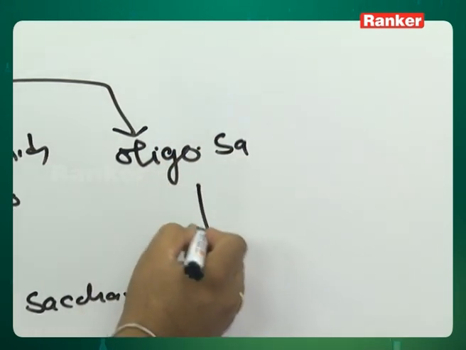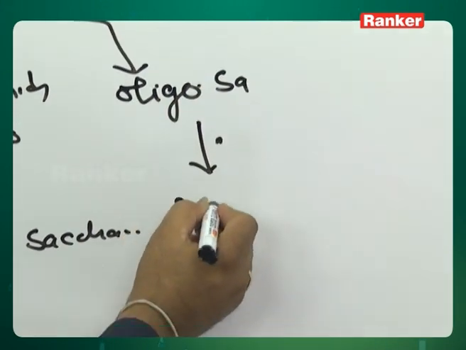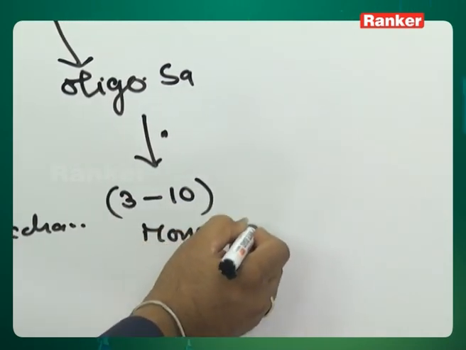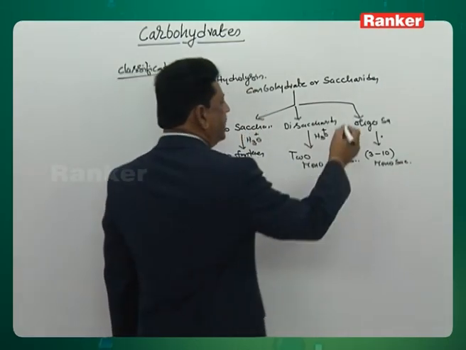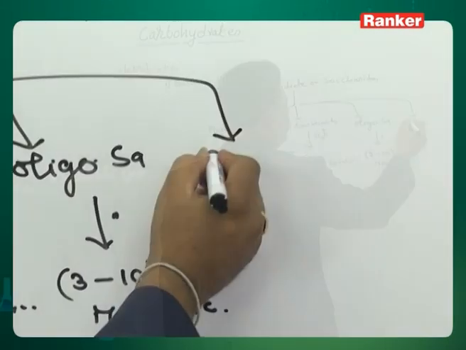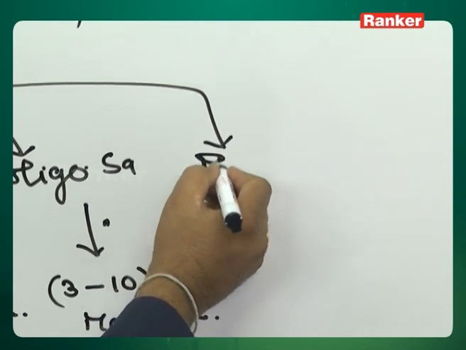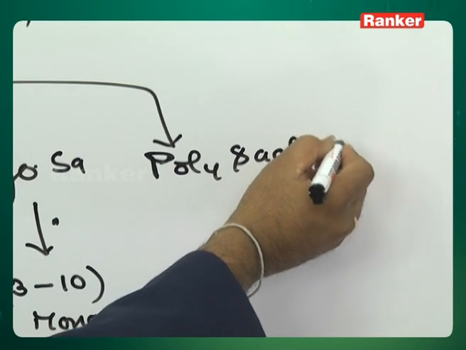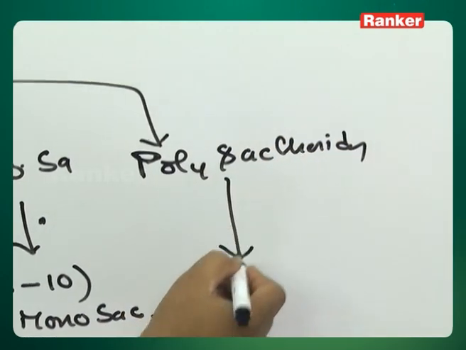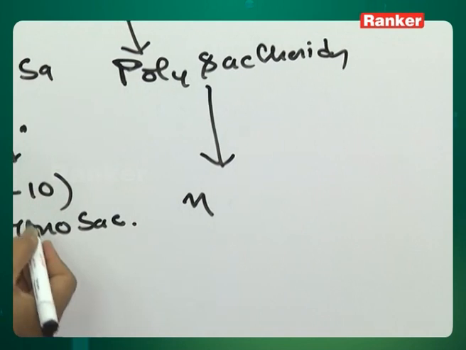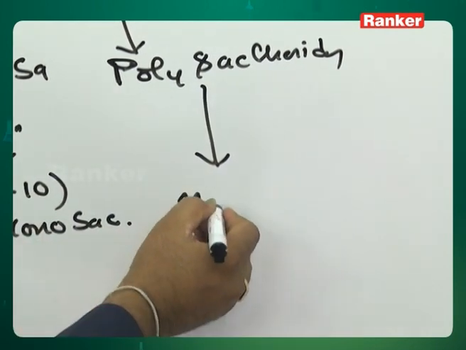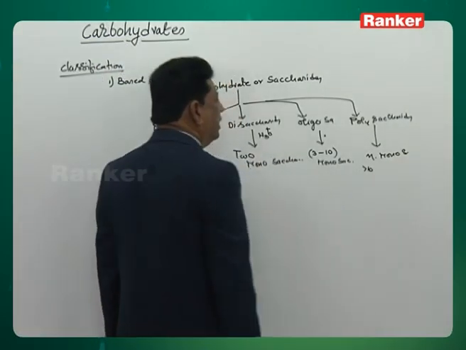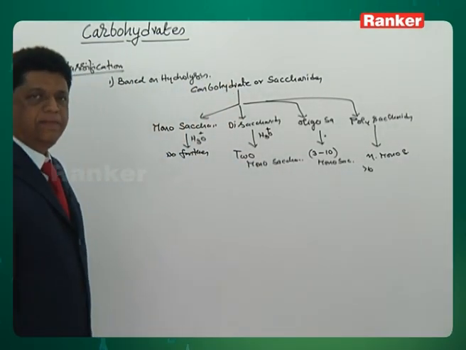Oligosaccharides means on hydrolysis you get 3 up to 10 monosaccharides. If on hydrolysis you get many, that is called a polysaccharide. Polysaccharides means a huge number, at least more than 10 monosaccharides coming out. Such a saccharide is called a polysaccharide.